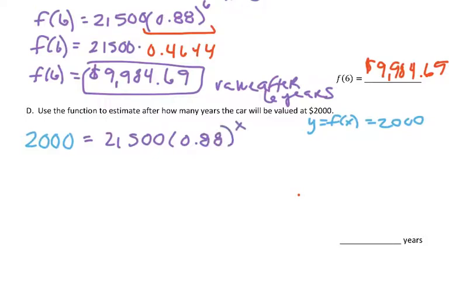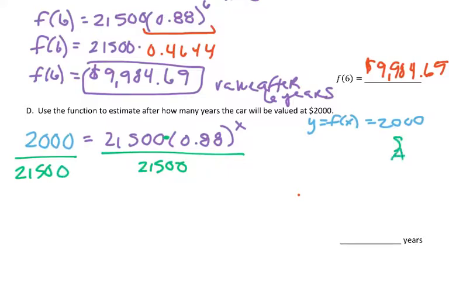So you can, of course, do a guess and check and plug in, well, hopefully a number greater than 6, because we're trying to go down to 2,000, and we started at 9,000. But of course, we're going to be doing our idea of solving here. So instead of 21,500 times 0.88 to the x, we can go ahead and divide out that multiplier, because we're doing SADMEP here.